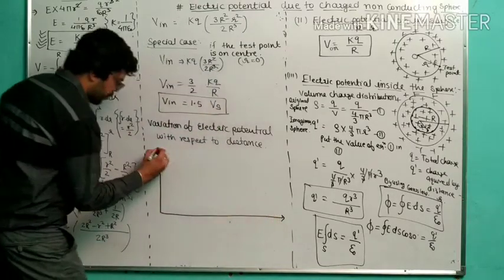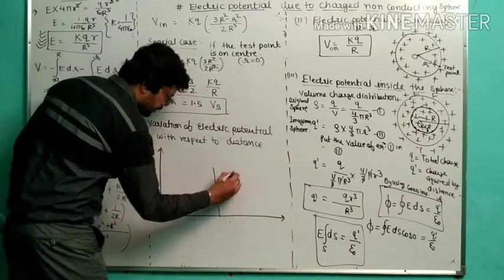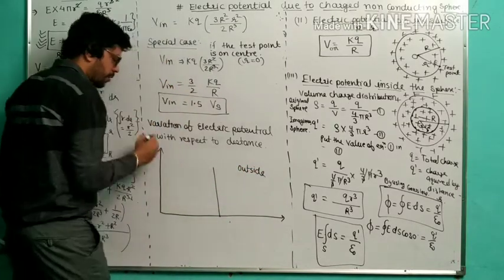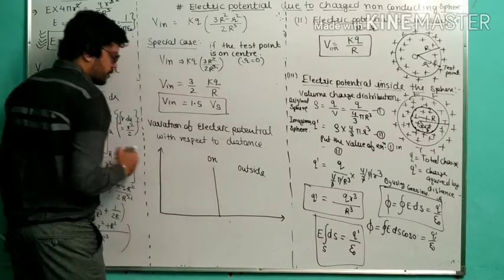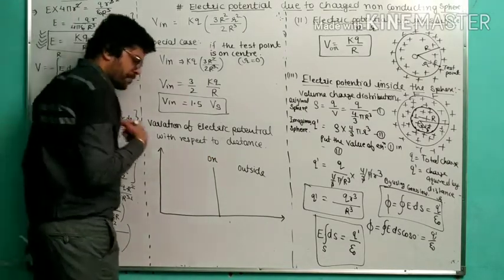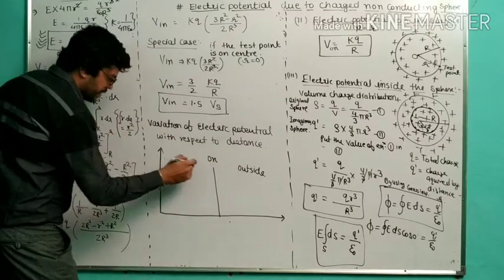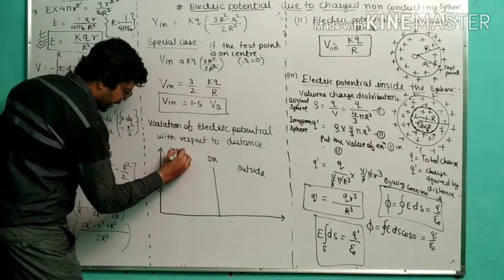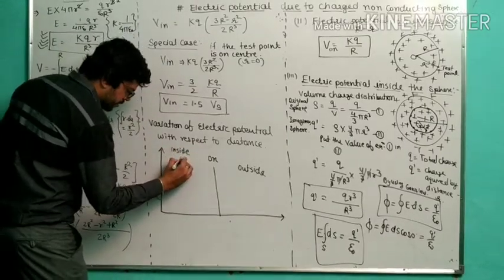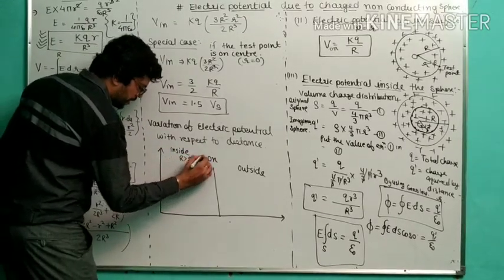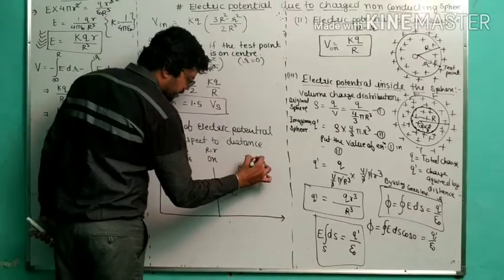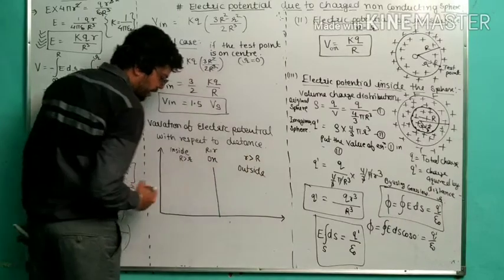Here we are going to take three cases: outside, on the surface, and inside. Inside, you know that capital R is more than small r. On the surface, capital R is equal to small r, and outside, small r is more than capital R.